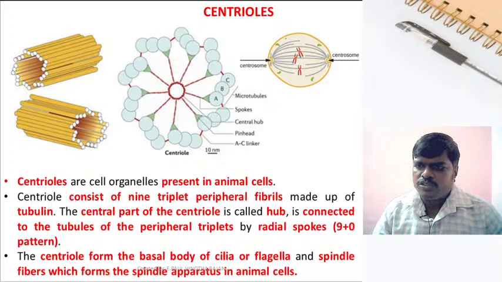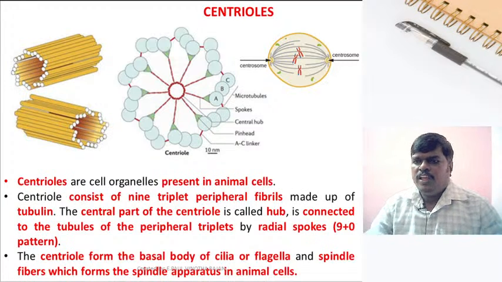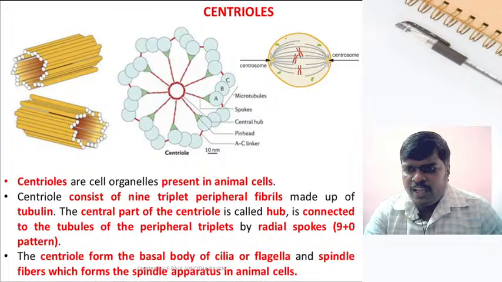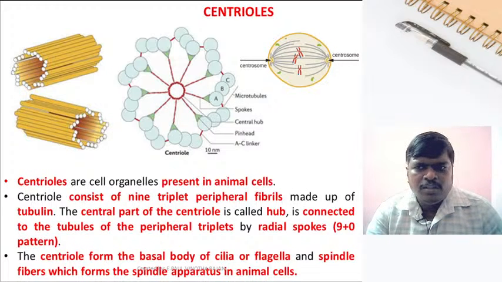I'll clarify your doubts. Vashini, if mitochondria has its own DNA, can it live on its own without the plasma membrane? See, mitochondria is not considered separately as a cell. It is an organelle.